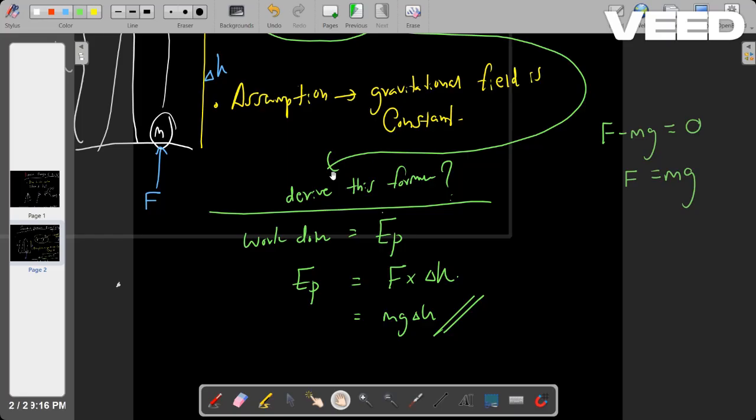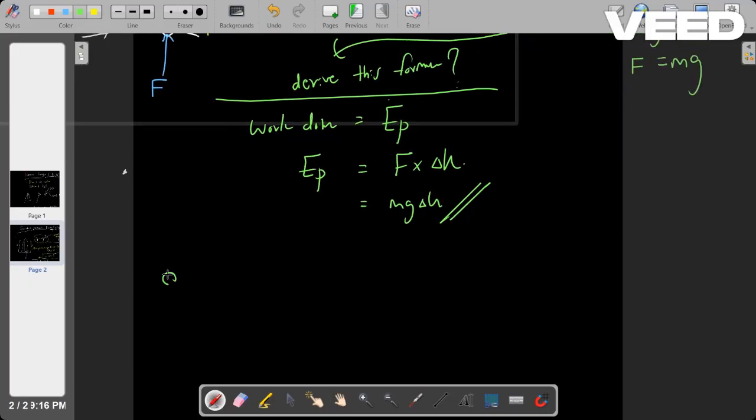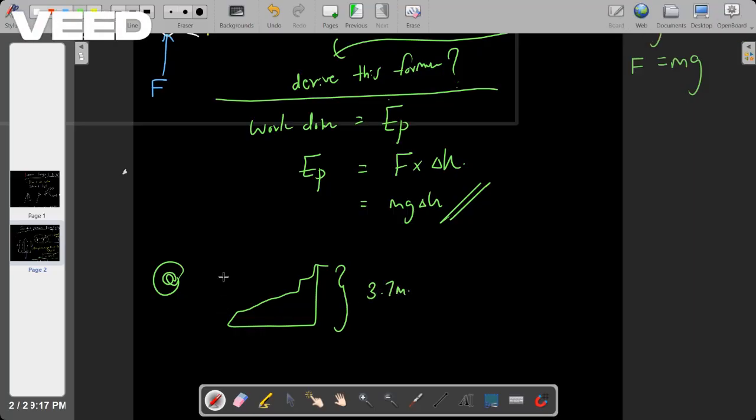Okay, I will give a very easy question here. Now I will use a diagram. It's a staircase. The height of the staircase is 3.7 meters. There's a man climbing the staircase. The mass of the man is 74 kg.